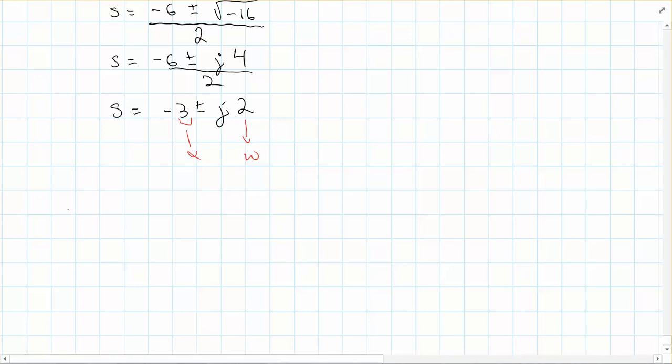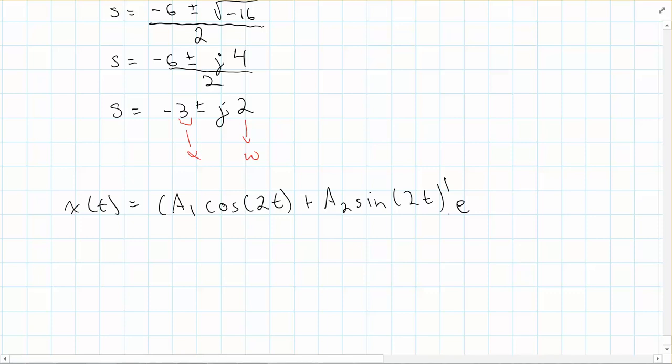So my general form here, which we wrote down already, is going to be x at t is equal to a1 cosine of 2t plus a2 sine of 2t, e to the negative 3t.